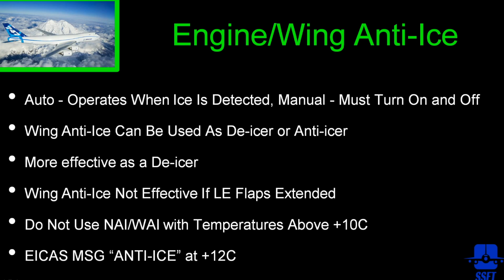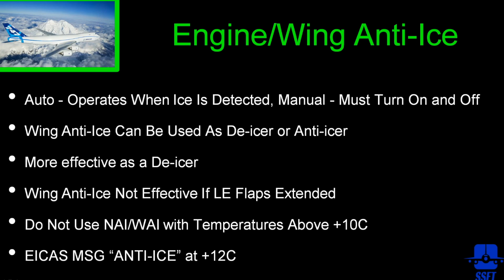Wing anti-ice can be used as a de-icer or anti-icer. As a de-icer, it would mean that you could wait for ice accumulation that's already on the wing and then turn it on, and that would then clear that ice from the wing. An anti-icer would be you turn it on prior to getting into the icing conditions, and then it would prevent any kind of ice from forming.